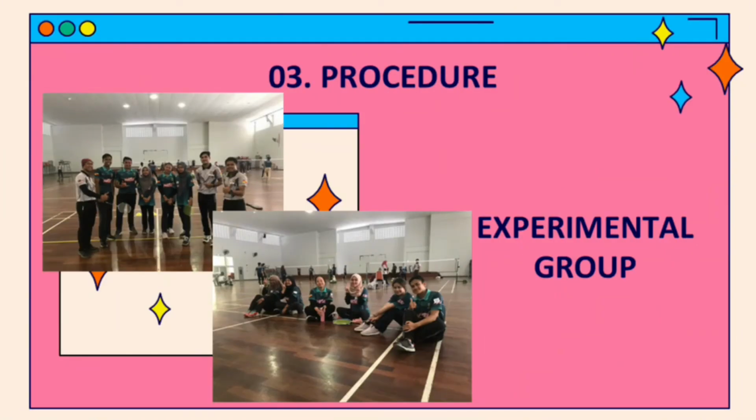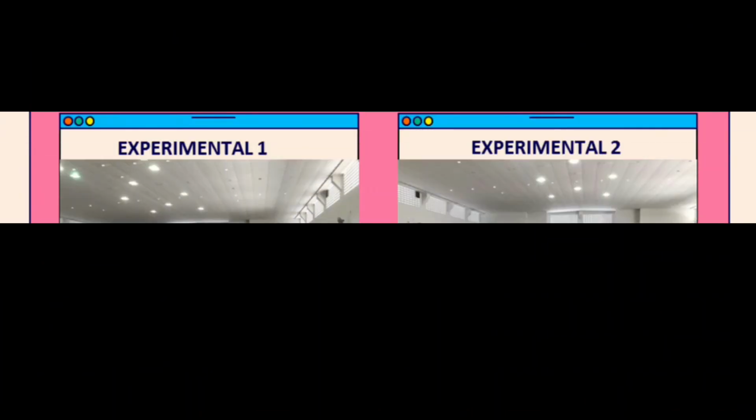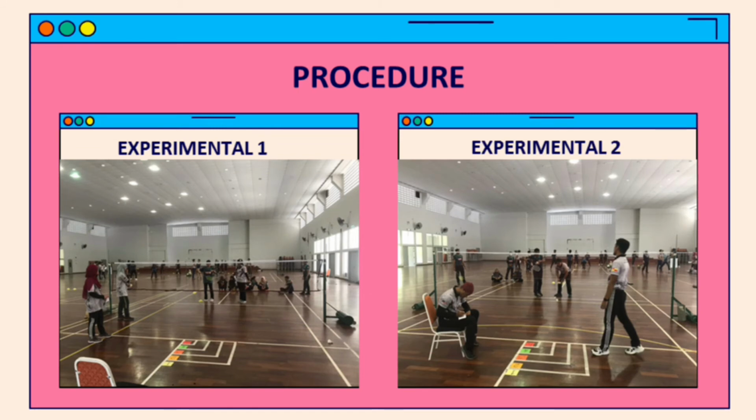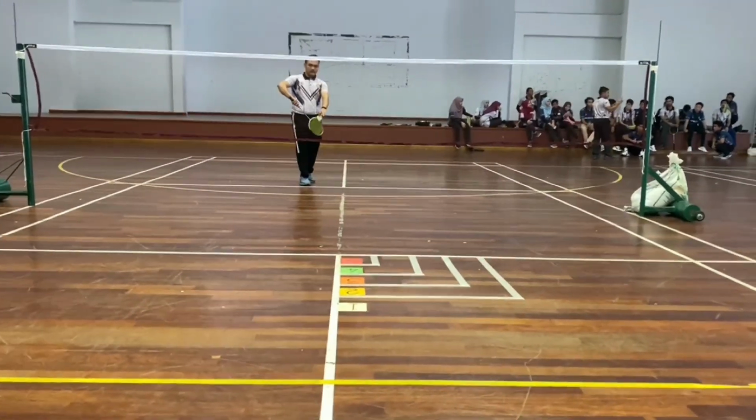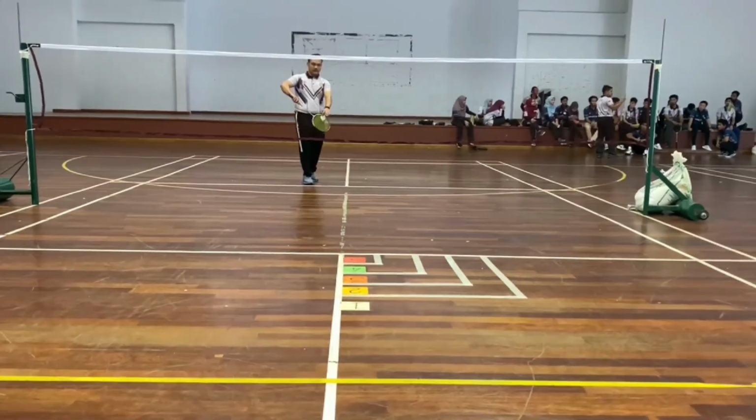The procedure for experimental group. Number 1. There are 12 students that have been chosen to participate in this test, and these 12 students will be divided into 2 smaller groups consisting of 6 students per group. Number 2. The students are required to do the backhand serve technique in badminton sport.